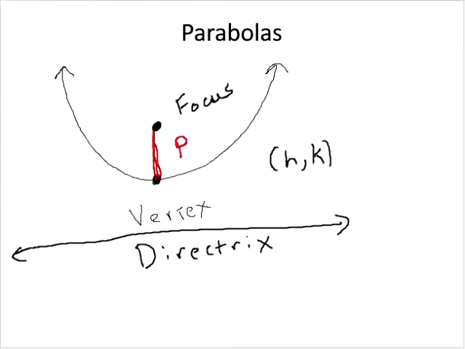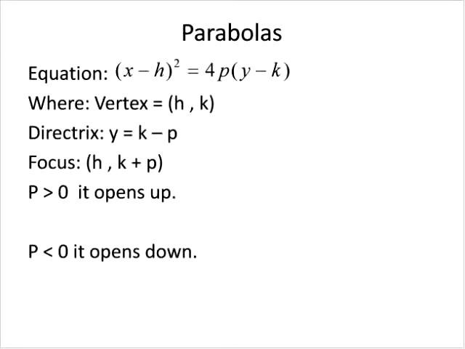Okay, so now that we've got an ugly picture, but a picture of what it's going to be, let's take a look at the actual equation. Here's the equation. This is a parabola that has a vertex at (h, k).